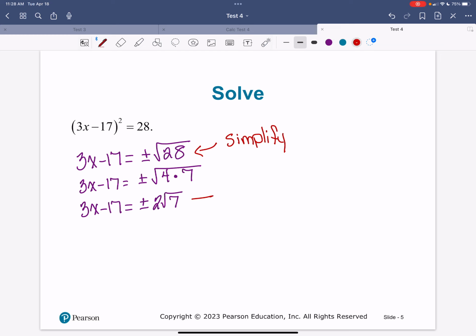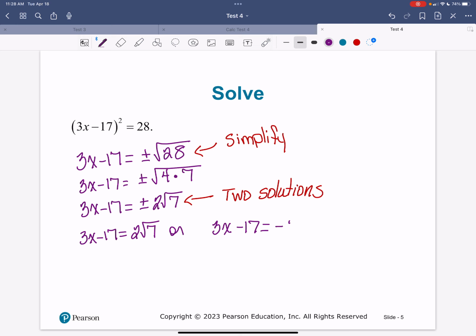And this right here is how many solutions? 2 solutions. So what this means is 3x minus 17 equals positive 2 times the square root of 7, or 3x minus 17 equals negative 2 times the square root of 7.